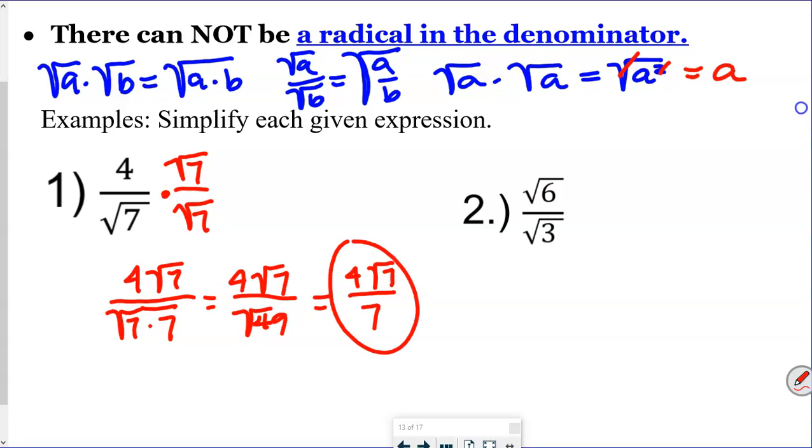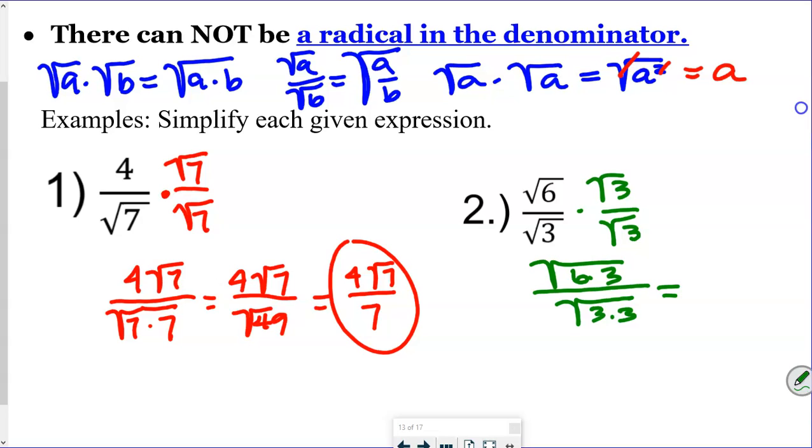Now, with this other one, I'm going to do a similar thing, right? So we're going to multiply this again by the square root of 3 over the square root of 3. And this time we're going to put this over 6 times 3, right? Square root of 3 times 3. So that's the square root of 18 over the square root of 9.